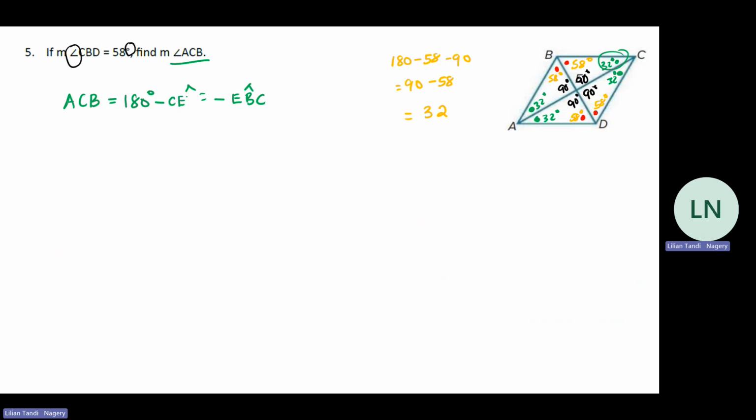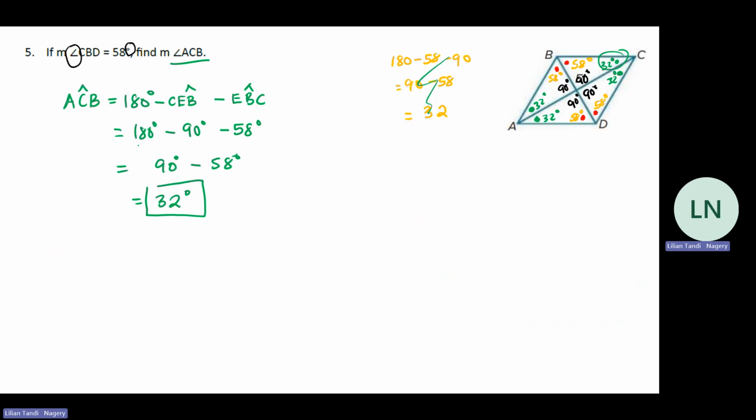So CEB is the 90. And then CBE. Okay. All right. So 180 degrees minus 90 degrees minus 58 degrees. And that gives us 90, which I did here. So 90 degrees minus 58 degrees, giving us 32. So there is your answer.